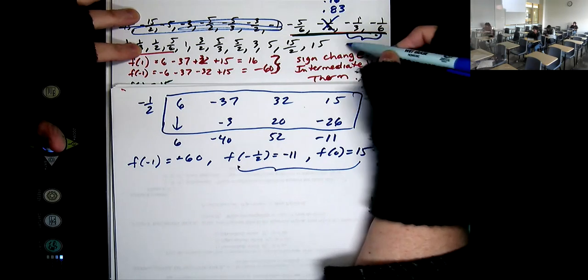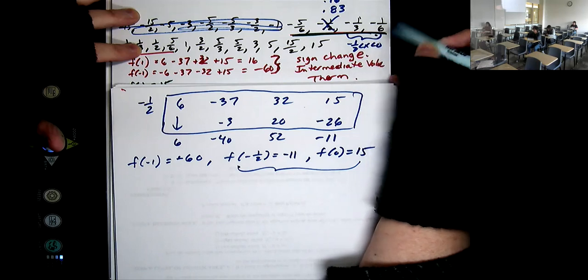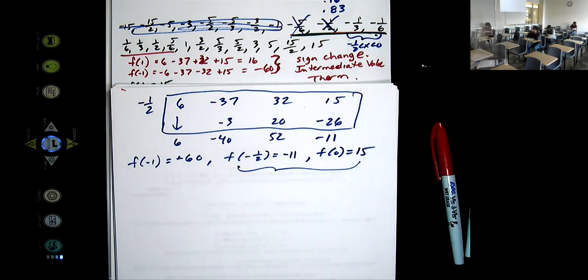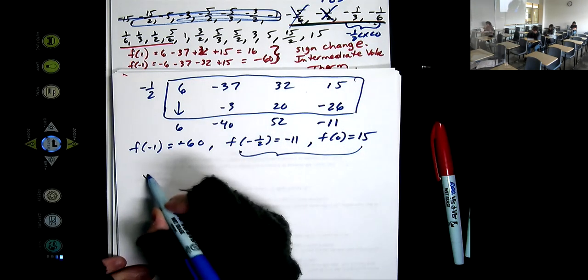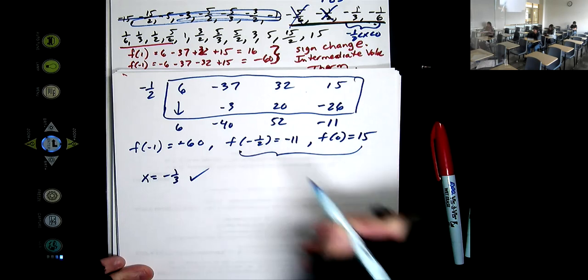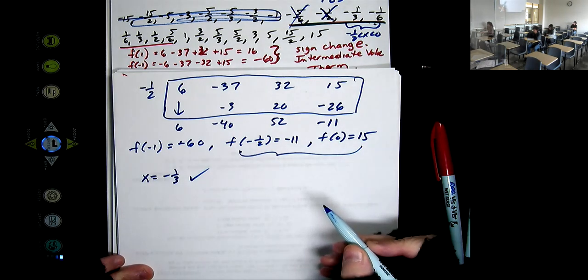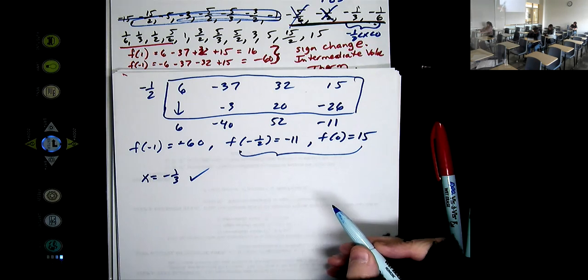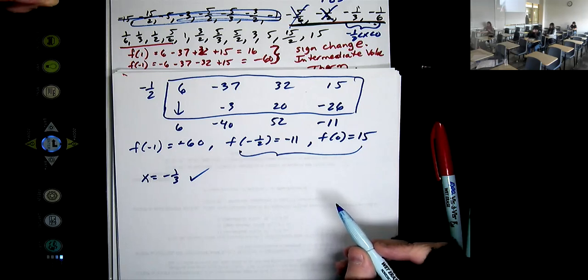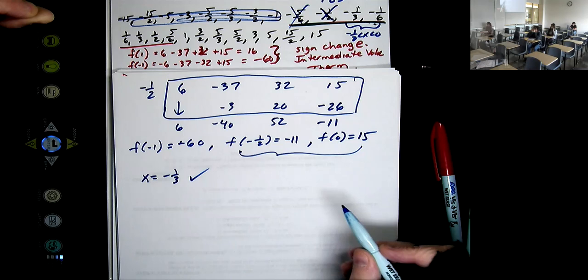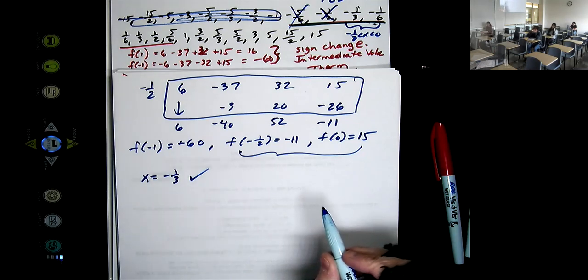These two are between -1/2 and 0, which means the -5/6 is already out also. I'm down to 2 possible roots. X equals -1/3 is one of them. We did that before. That's how the intermediate value theorem works. Does that make sense?